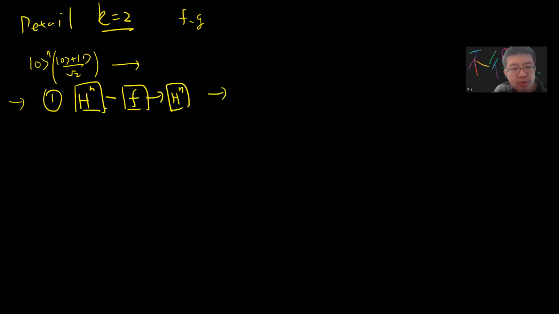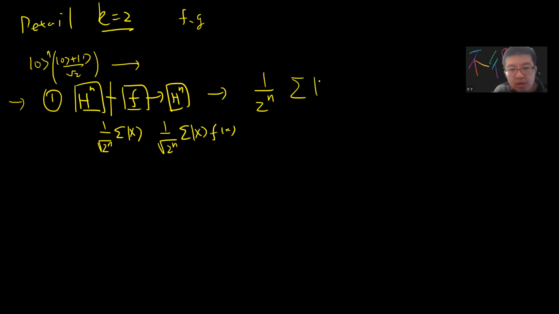So my state will be 1 over square root of 2 to the n, summation over x, x f of x, and I will get something as I previously said, 1 over 2 to the n summation of y, minus 1 to the x y, so we write x y and the f of x y. Okay, so this is my first part.